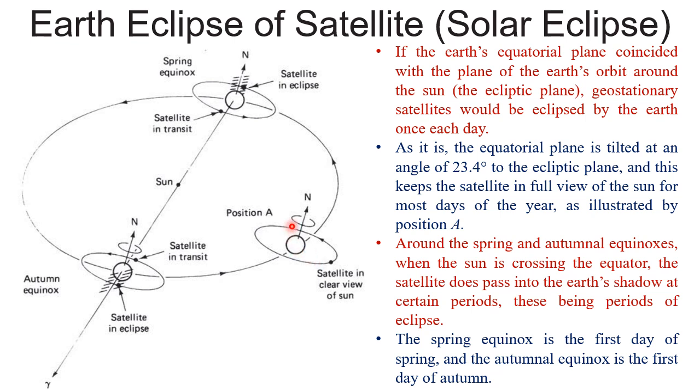So when the Earth's position is somewhere here, the satellite will not be in eclipse.